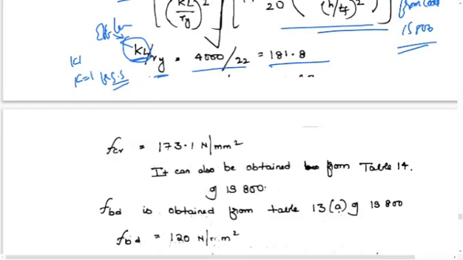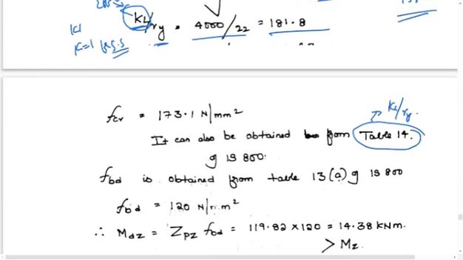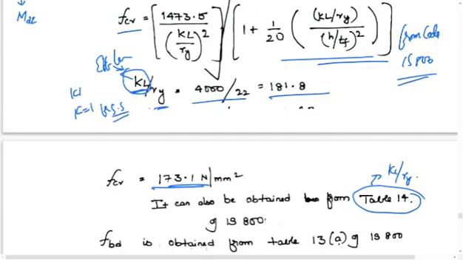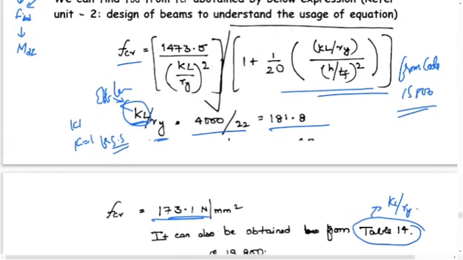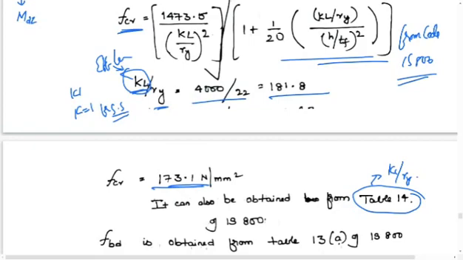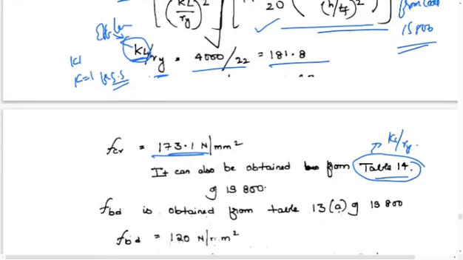So from table 14, from this value of KL by Ry, you can get the value of FCR, that is 173.1 Newton per mm square. Or substitute the value of KL by Ry in the above equation, and FCR can be calculated. So FCR can be calculated from this equation or from table 14 of IS 800.